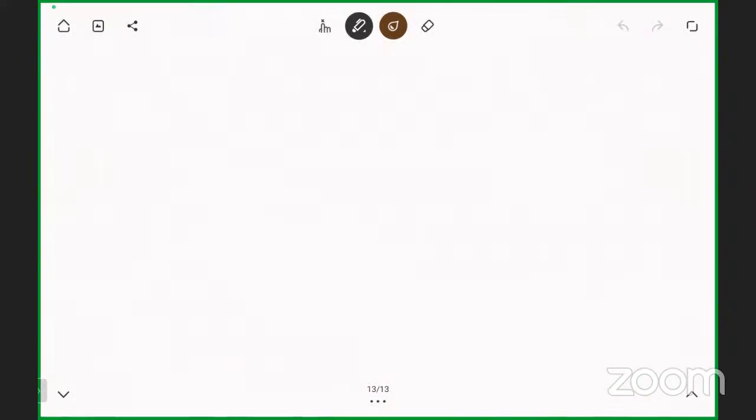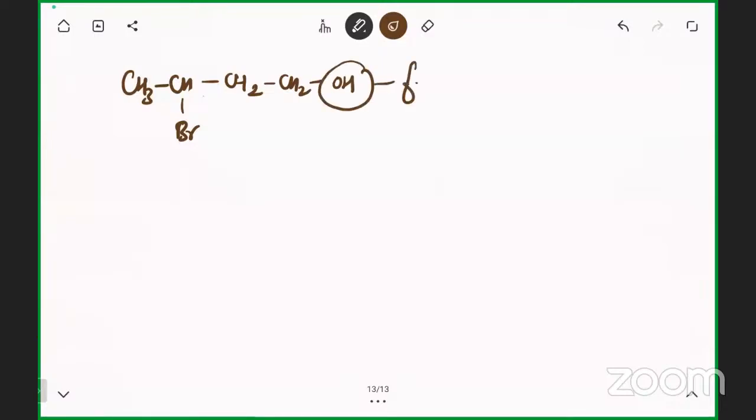Let me tell you one example: CH3, CH2, CH3, CH, here Br, CH2, CH2, OH. So this is a compound. Here OH is the functional group. But what about Br? Here Br is considered as a prefix.